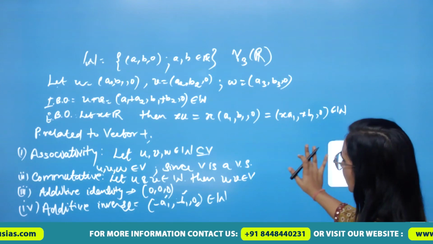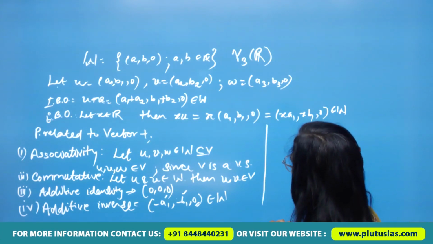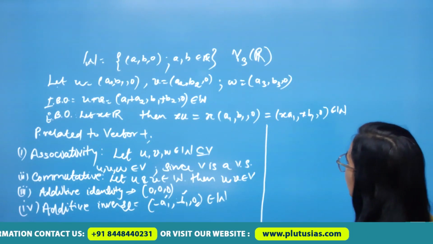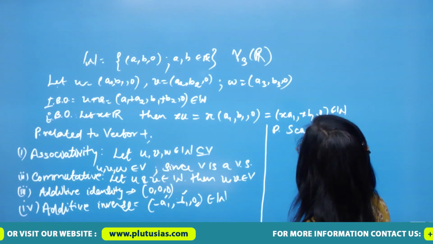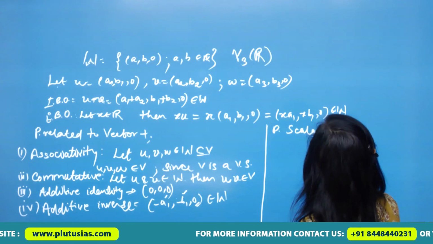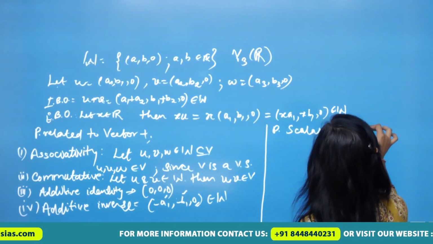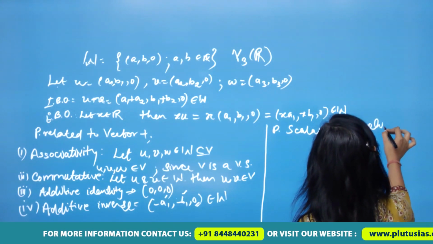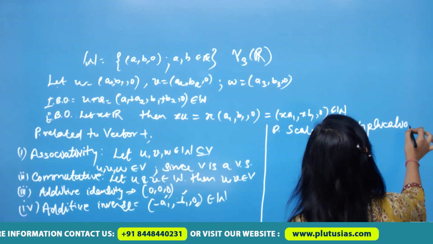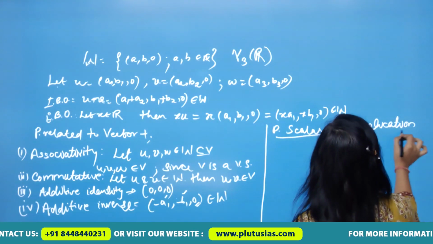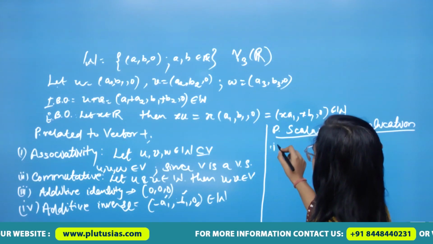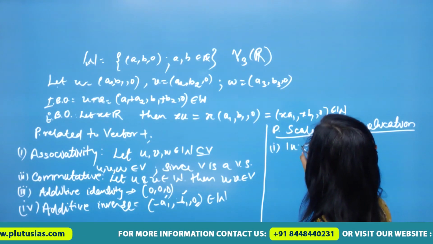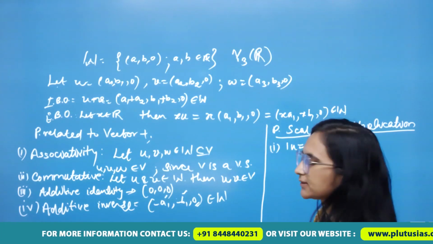Now next we need to prove properties related to scalar multiplication. What were the properties? Anybody would like to repeat? First was 1 times u should be equal to u, right?